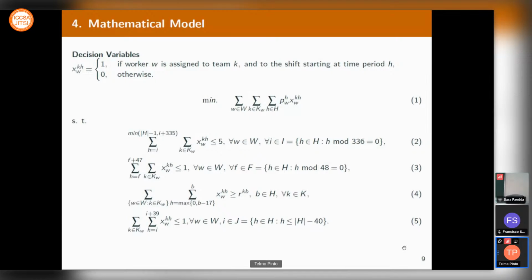Constraint 4 forces the number of allocated workers at a given shift in a given period of time and team to be at least equal to the demand, the required workforce in the same period of time and team. And finally, constraints of type 5 establish that for each worker, a mandatory break of at least 11 hours must exist between two consecutive shifts.